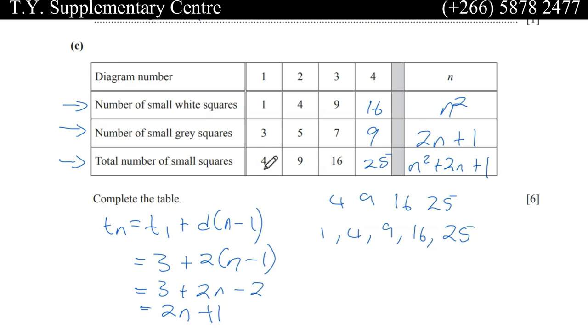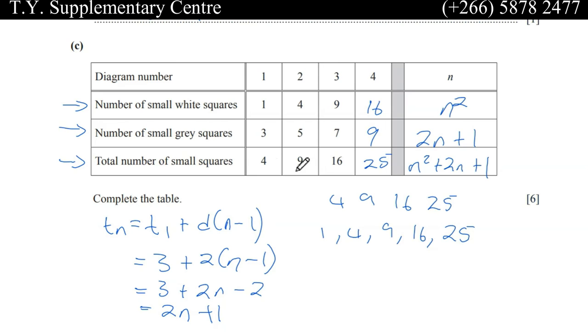But in this sequence, the starting square number is not 1. That means this 4 is the square number you get when you say 2 squared. This means to get this 4, you square the next diagram number to get the first number in this sequence.